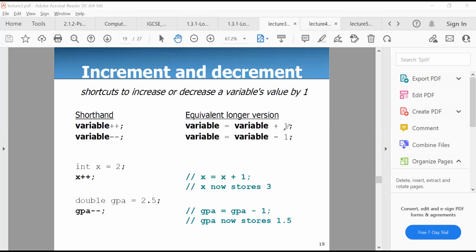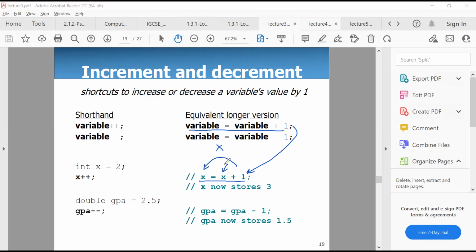I think we have seen that form of expression to increase a variable. If you have two variables like x equal x plus 1, which is exactly the same like here, we are able to use that kind of form to increase the value of x by 1 and then store all the results into x again.